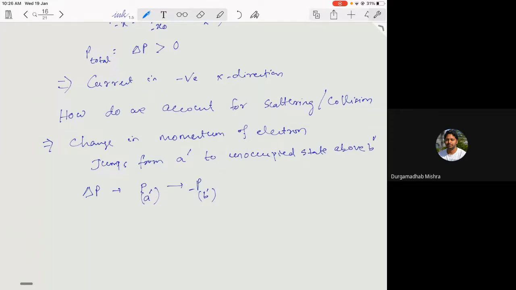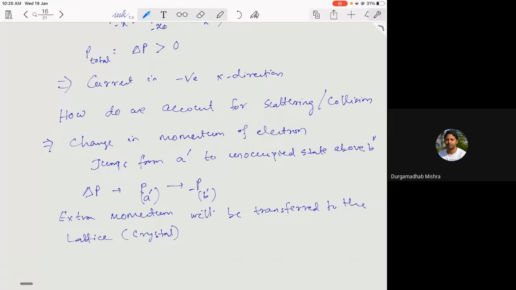So this extra momentum will be transferred between the electron and the lattice or crystal.